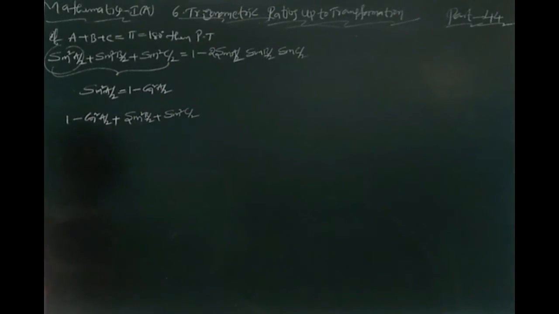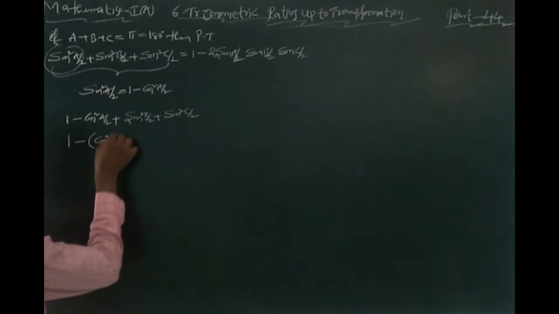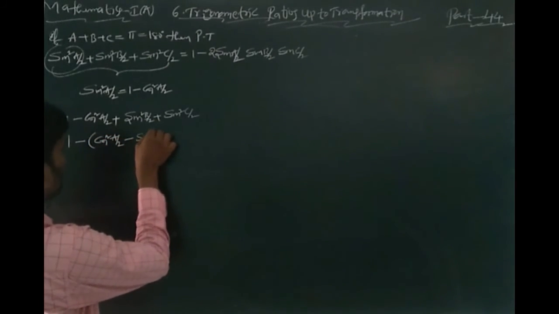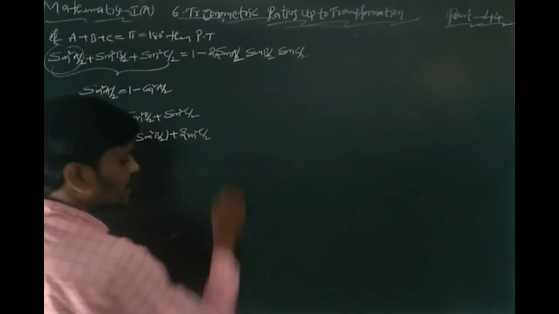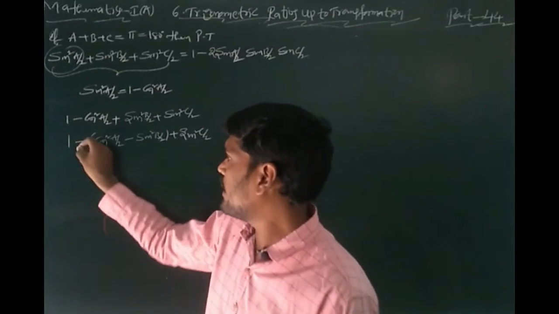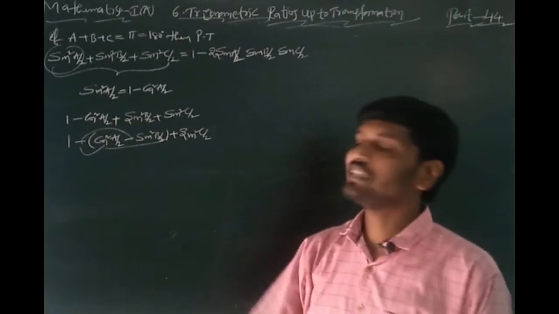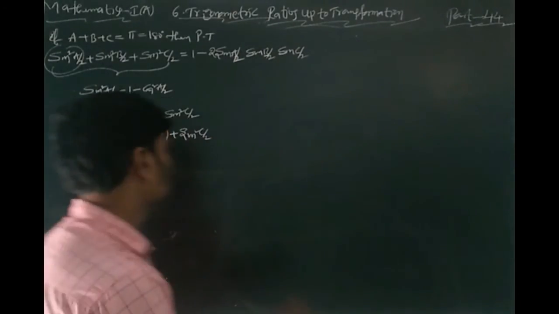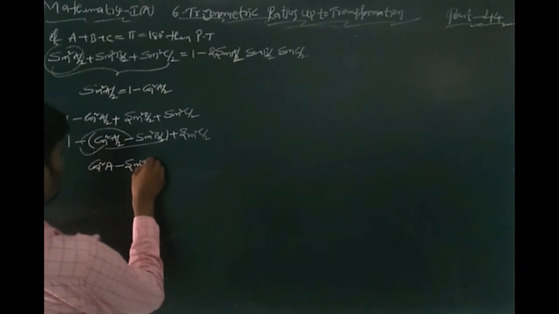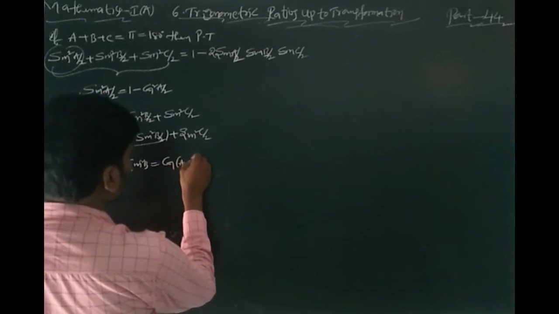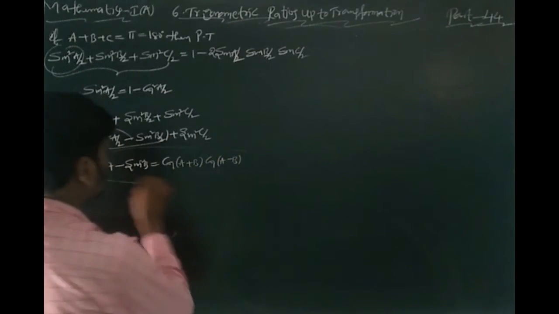After that, you can write 1, and from these two terms take minus common: cos square a by 2 minus sin square b by 2 plus sin square c by 2. Correct or not, students? Minus into plus is minus, minus into minus is plus. Cos square a minus sin square b formula is cos of (a plus b) into cos of (a minus b). This is the formula.